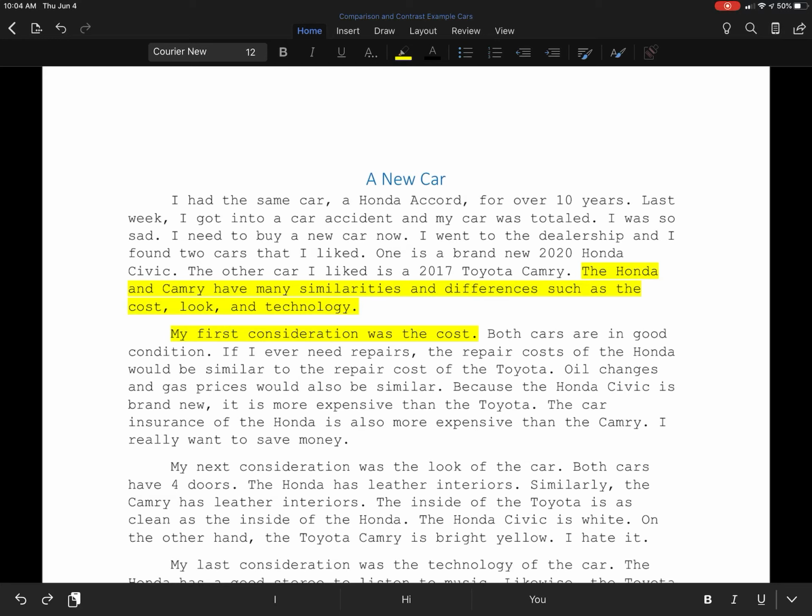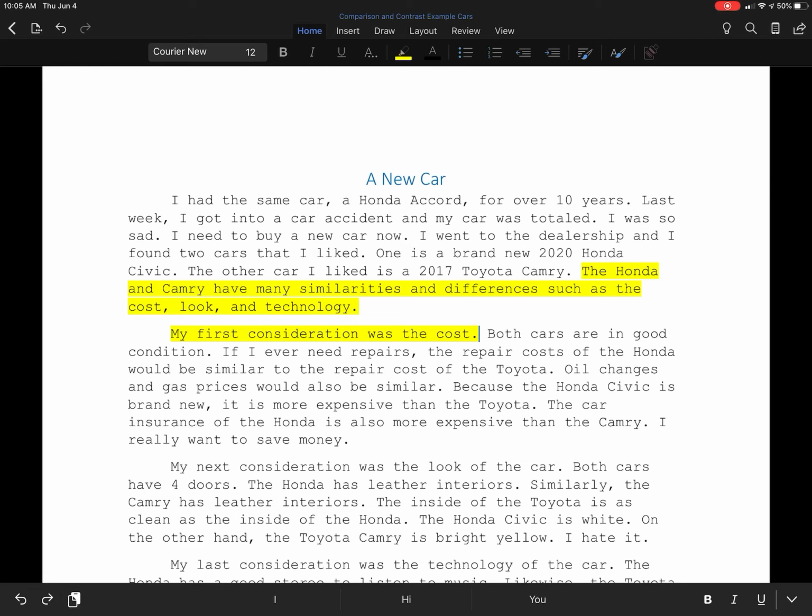I start off with my similarity. Both cars are in good condition. If I ever need repairs, the repair costs of the Honda would be similar to the repair costs of the Toyota. Oil changes and gas prices would also be similar. So in this paragraph, after my topic sentence, I actually say 2 similarities.